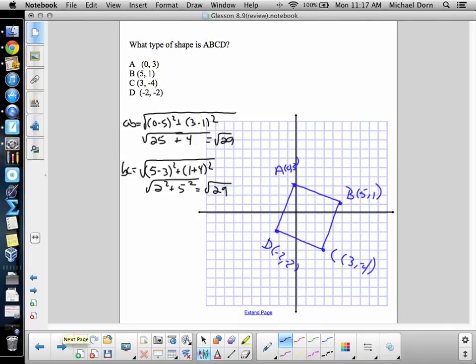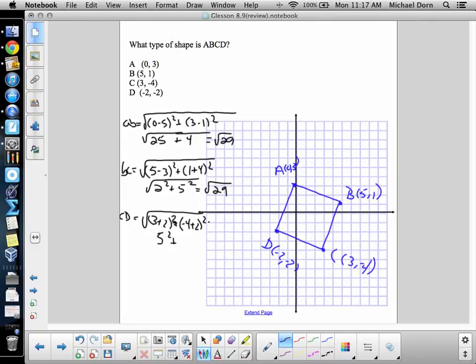By the way, when you're doing this, don't lose your square root symbol. Some of you are saying the length is 29, and that's not correct. It is the square root of 29. CD: 3 minus negative 2, or 3 plus 2 squared, and negative 4 minus negative 2, or negative 4 plus 2 squared.